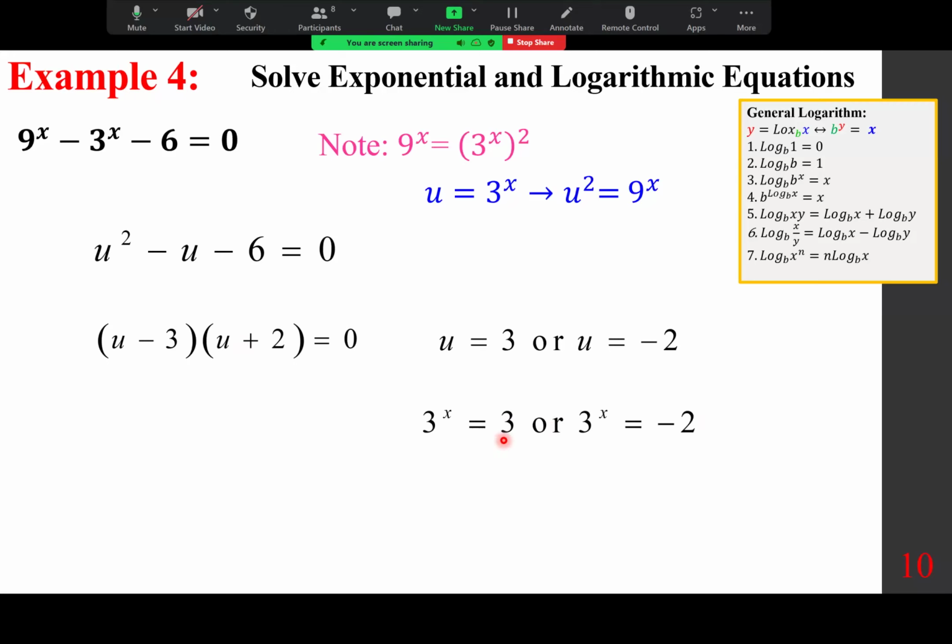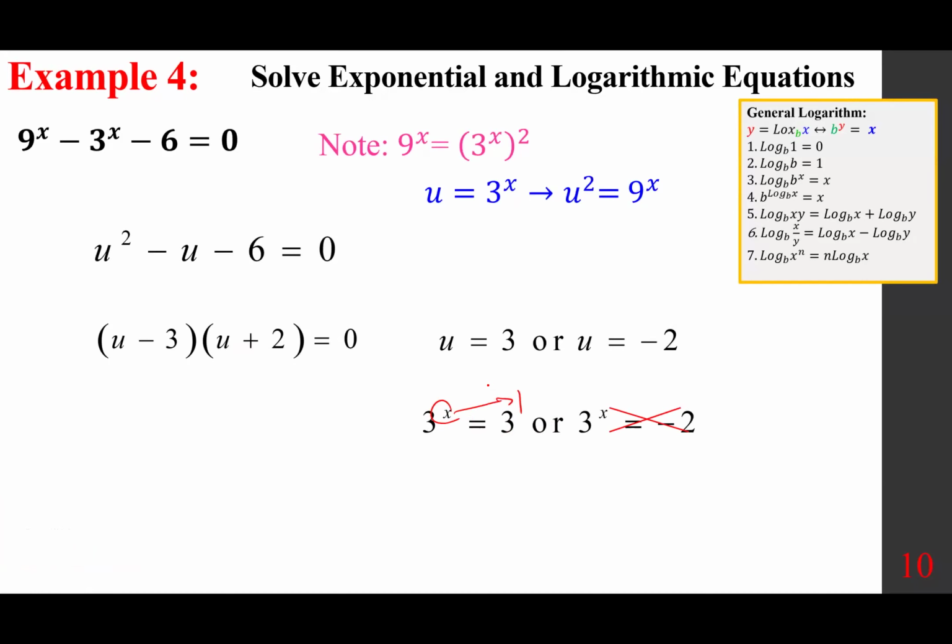So I hope you recognize this one, 3 to the power of x is 3 to the power of 1, and therefore x is 1. And 3 to the power of x equals -2 has no solutions because, as you recall, all exponential functions have a range of 0 to infinity. They are larger than 0. That's the reason. So x is 1. So there's only one solution, everybody.